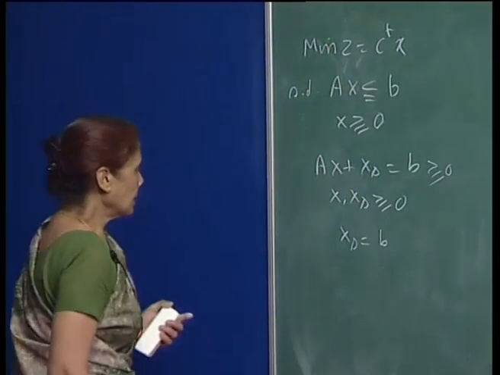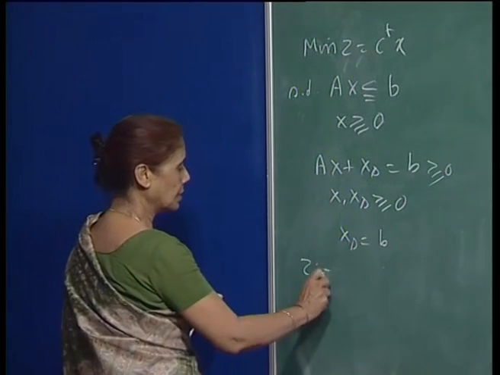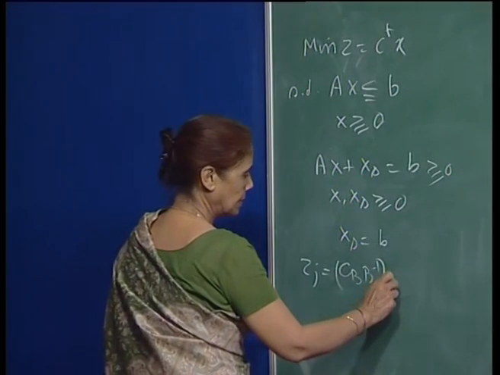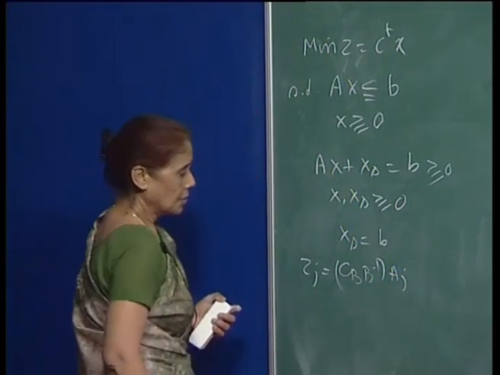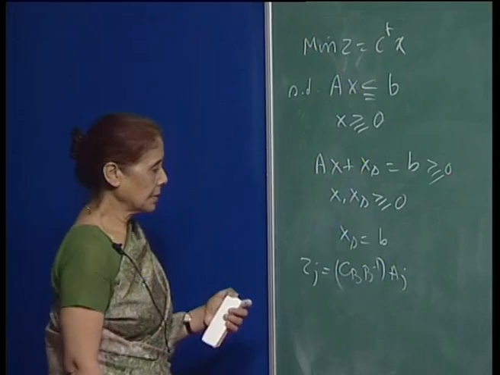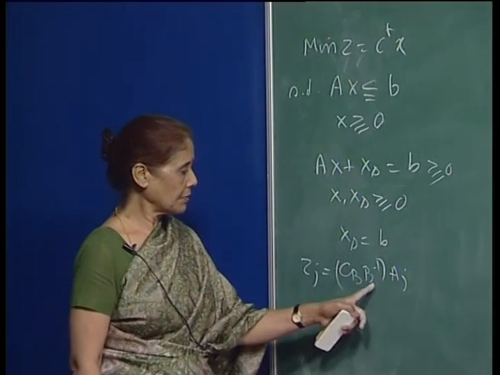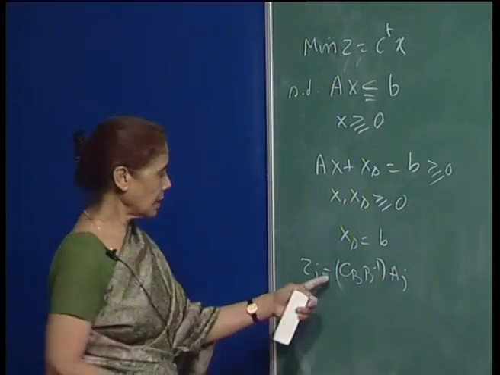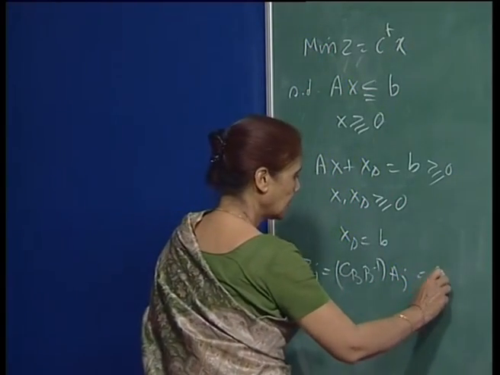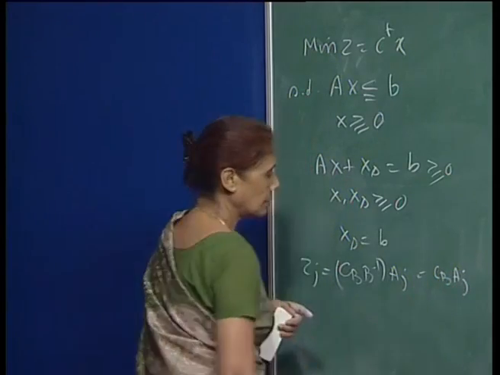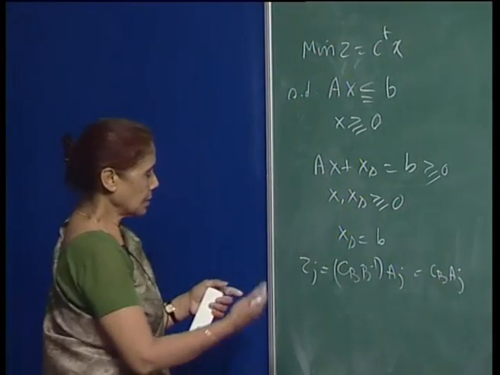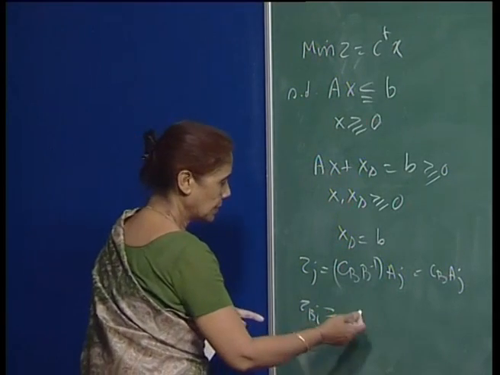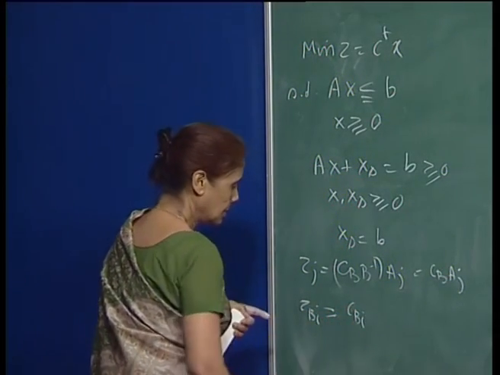And in that case, remember my Zj quantity is Cb B inverse Aj. So since B inverse is the identity matrix, because B is identity, this reduces to simply Cb Aj. And for a basic variable, this will simply be Cbi.